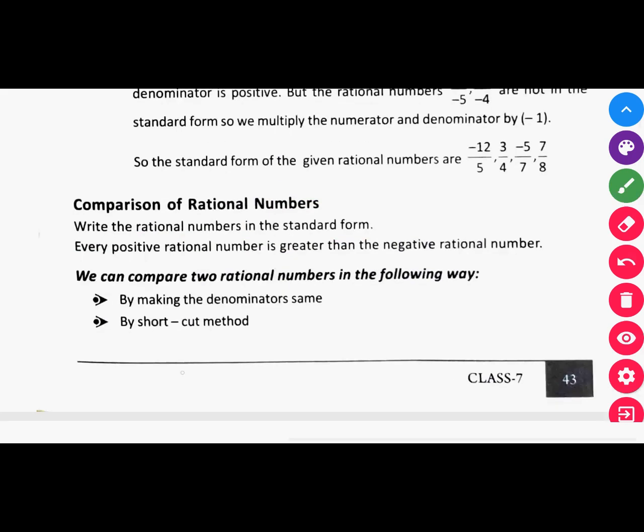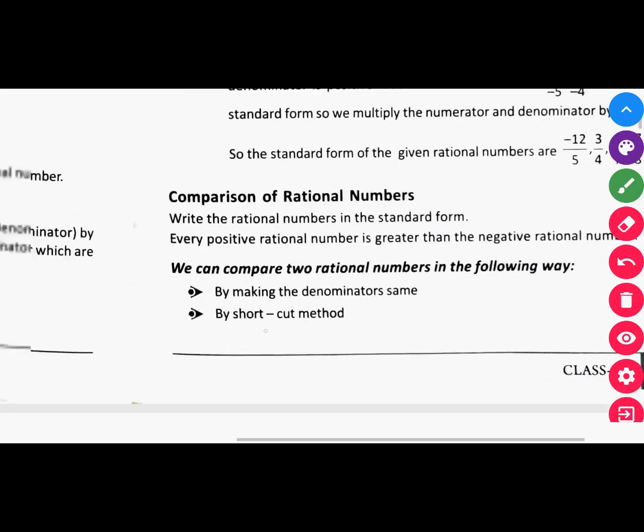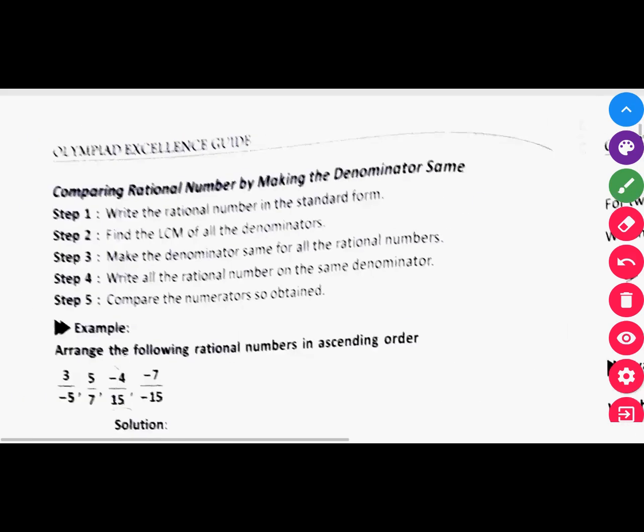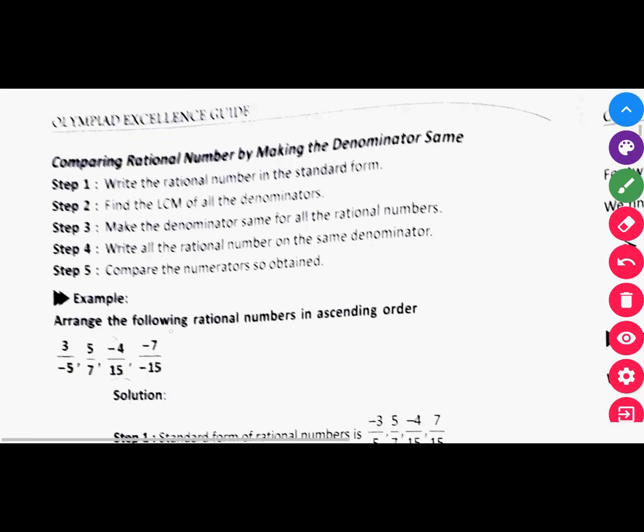By making the denominator positive using the shortcut method of multiplying by -1, when we have to compare rational numbers, first we have to make the denominator positive, that is, convert it into the standard form. Find the LCM, least common multiple, of all denominators.